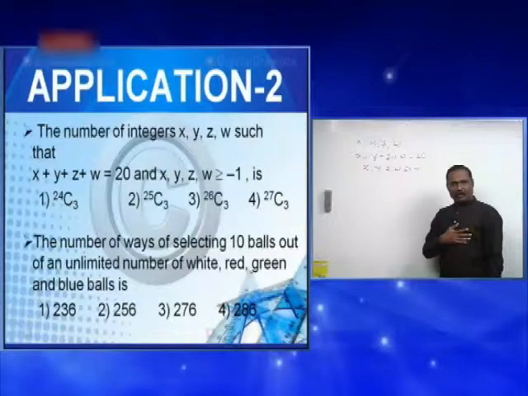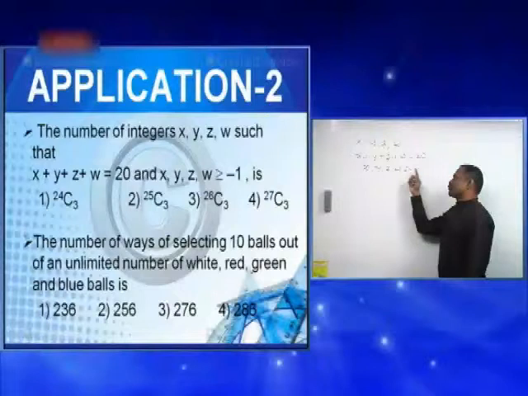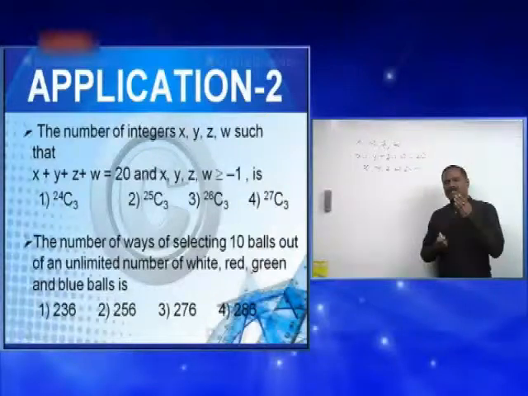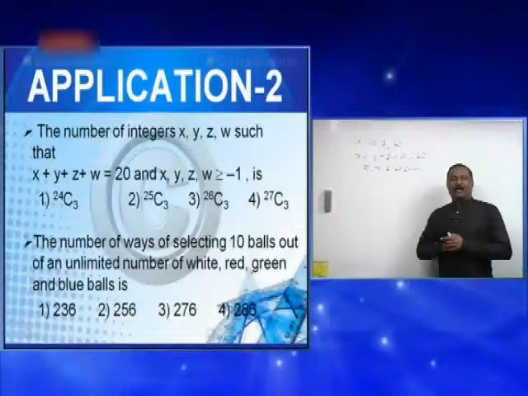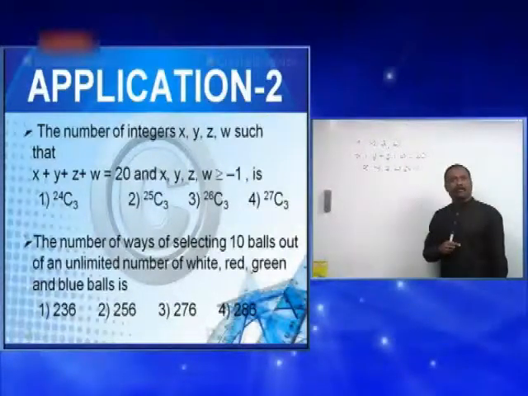If you want to apply the non-negative integral solutions or positive integral solutions formula, it's not possible because x may be -1, y may be -1, z may be -1, w may be -1. To apply that formula, it must start either with 0 or with 1. Understand? But it starts from -1.